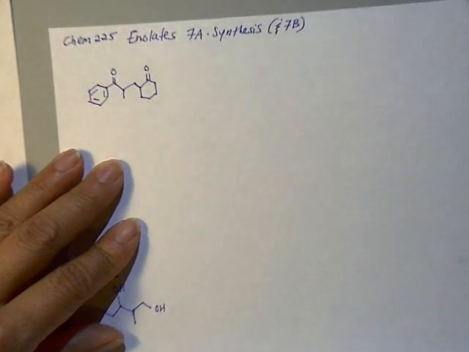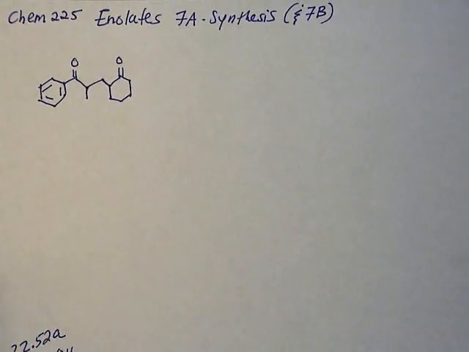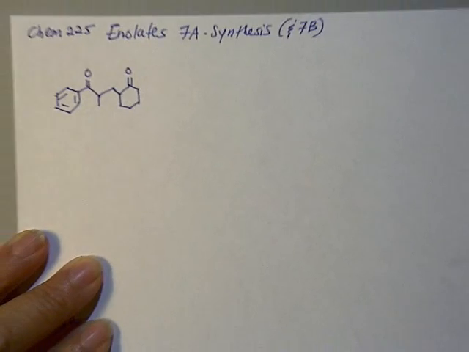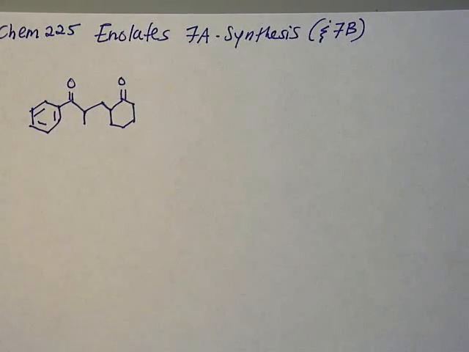as we do the synthesis problems. So we're going to start out with this one. This is the first one. I'll give you a minute to copy that down. And then what I want you to ask yourself is, as you're drawing them, what functional group do you recognize?